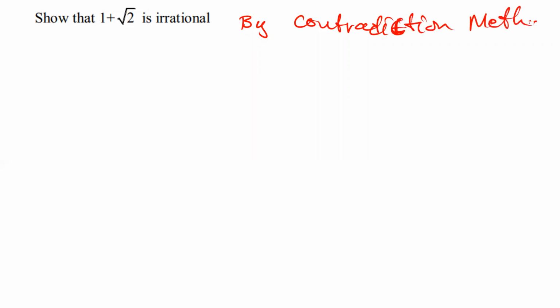First of all, before we make an assumption, we first have to write the title of the method that we're going to use. Even this one, we're going to use the contradiction method. So we say by contradiction method. Then the other thing we need to do here is make an assumption.